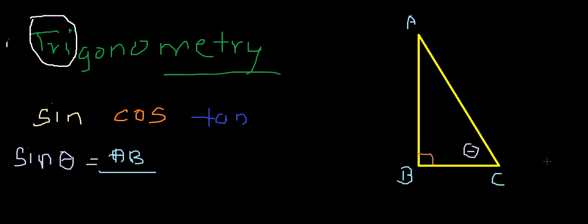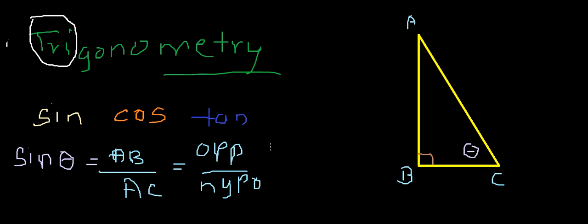In this triangle ABC, the hypotenuse is AC. So we have the value of sin theta as opposite upon hypotenuse.